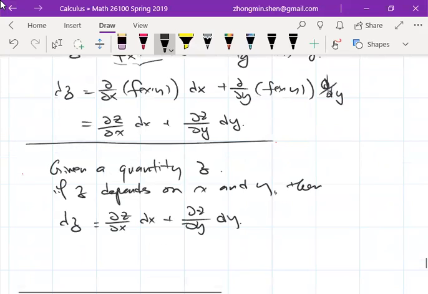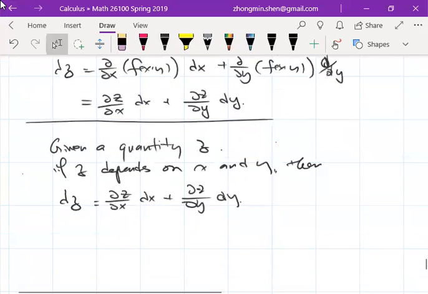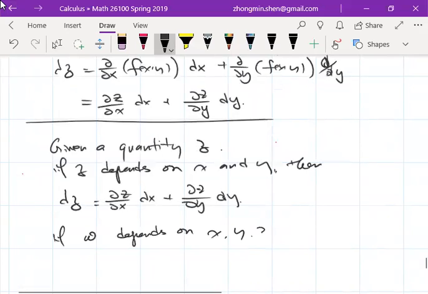And if we have more than two variables, then you just keep writing on this. So if w, for example, is a quantity that depends on x, y, z, then dw is going to be partial w with respect to x, dx, and so on.